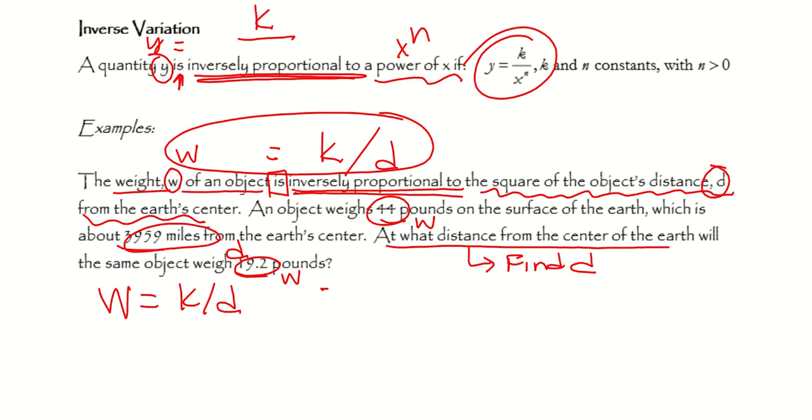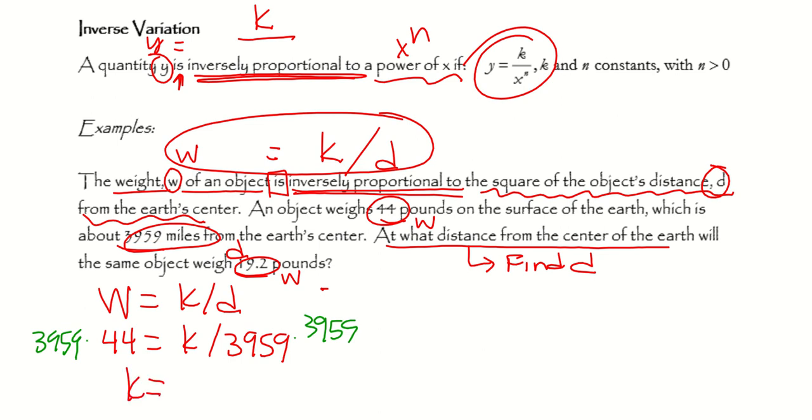Well, we're going to need to find k, so we're going to take the first piece of information, that the weight is 44 when the distance is 3,959 miles. If we take that and multiply both sides by 3,959, then we get that k is equal to this product.